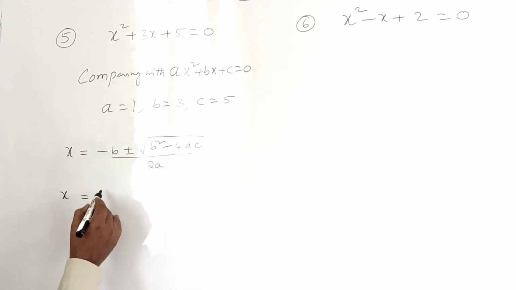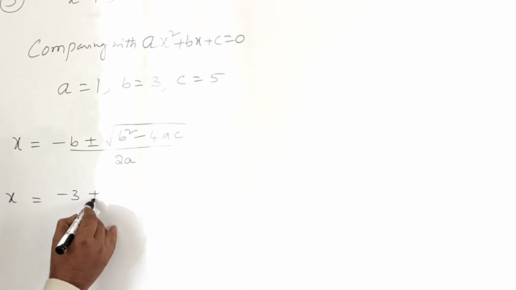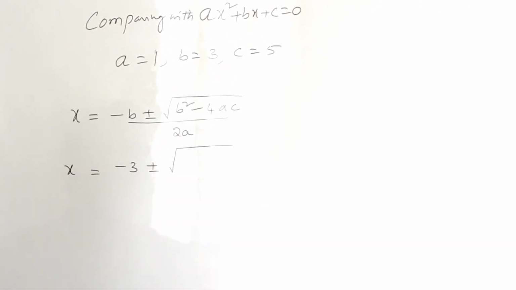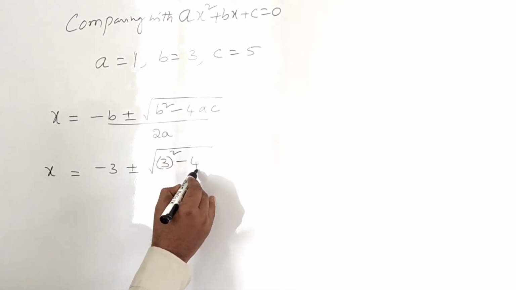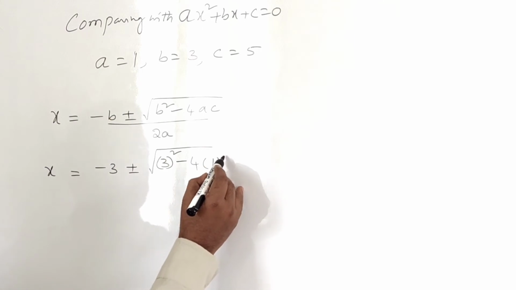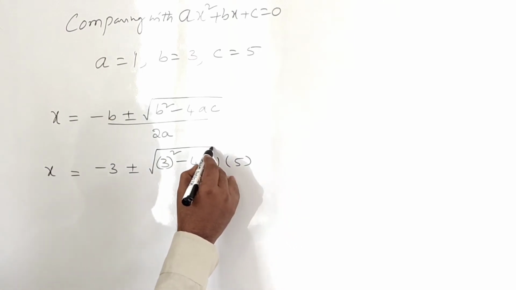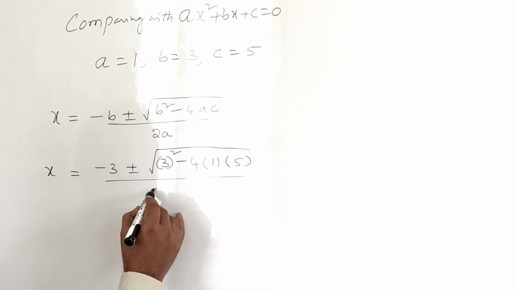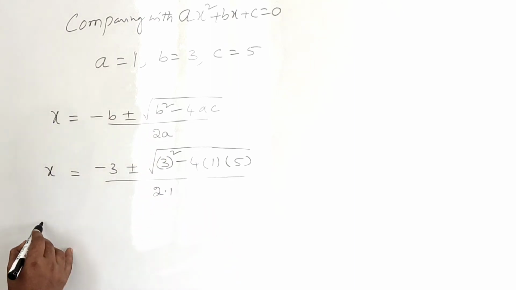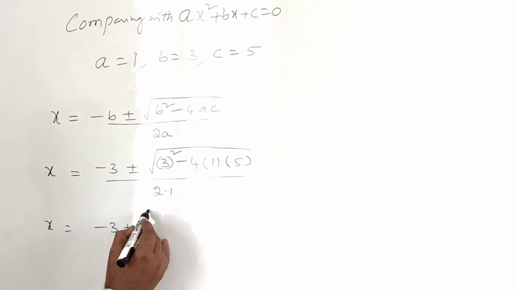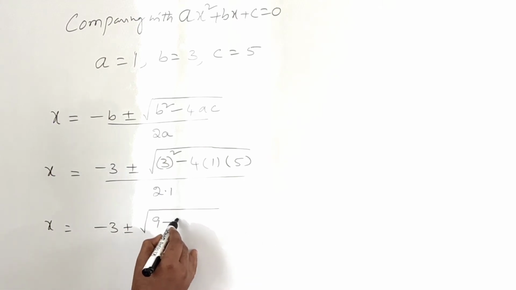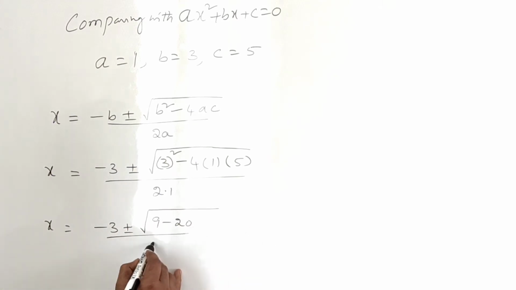So b is 3, so minus b means minus 3 plus or minus under root b square, nothing but 3 square, 4 into a value is 1 and the c value is 5, then you will get 2 into 1. So now x is equal to minus 3 plus or minus under root 9 minus 20 upon 2.